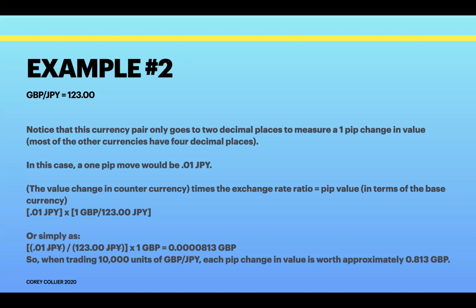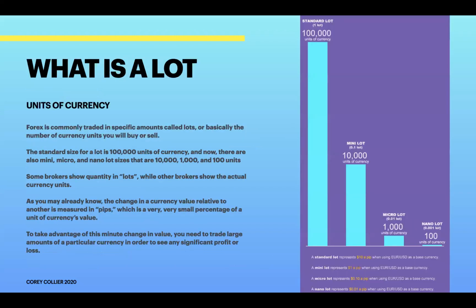So the value of a 1 pip move at 10,000 units is approximately 81 cents in British pound, or 81 British pence, I'm sorry. Very similar to what we just did, guys. It's just not as many decimal spots. All right. So what is a lot?